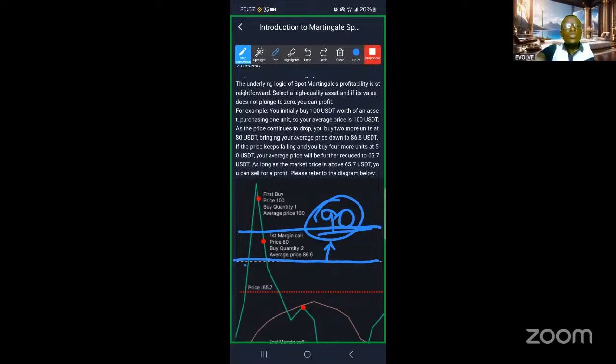Because if the market goes down with -70%, 50%, and you don't have money, you don't have more capital, do you know what it will take you to bring out that coin in the market? You can be there with your coin for 1 year. 1 year.